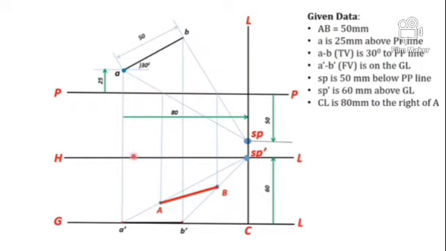You can draw PP line, HL line and GL line, also CL line with dark line, and rest of all the lines, dimension lines, visual ray lines, the front view and top view of the object, dimensions, everything should be light, and only the perspective view should be with the dark line.